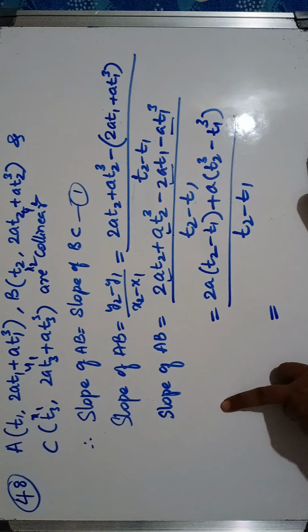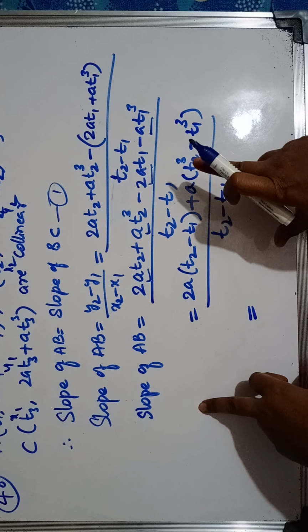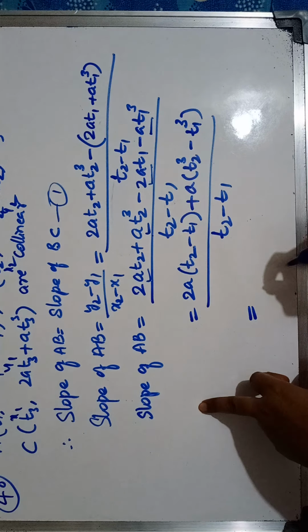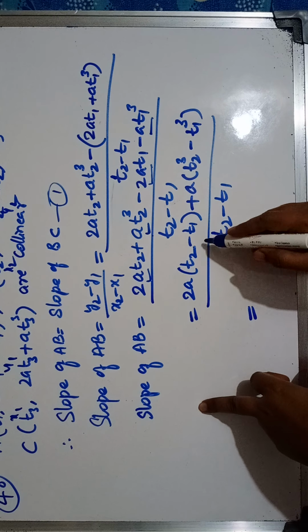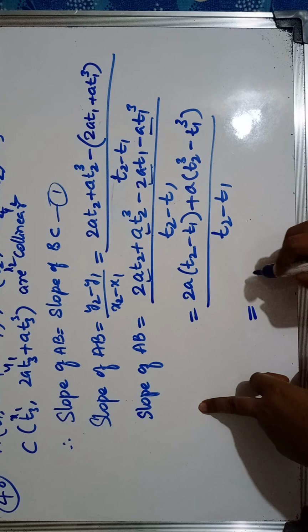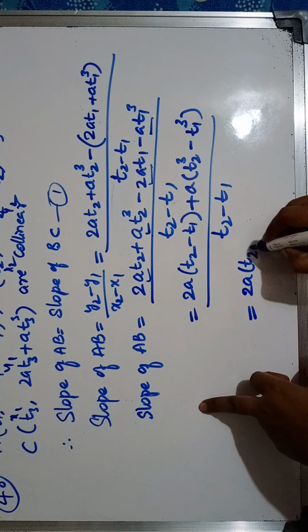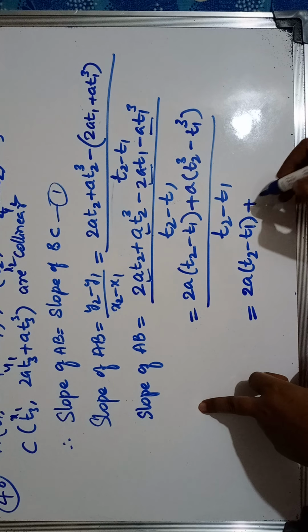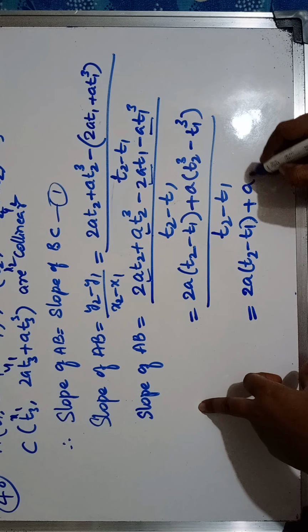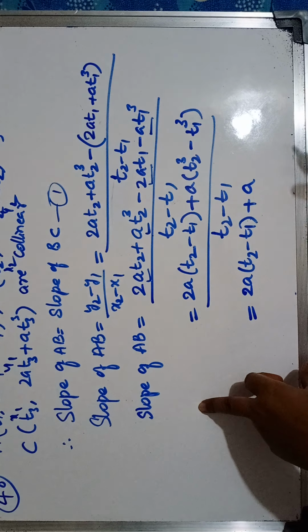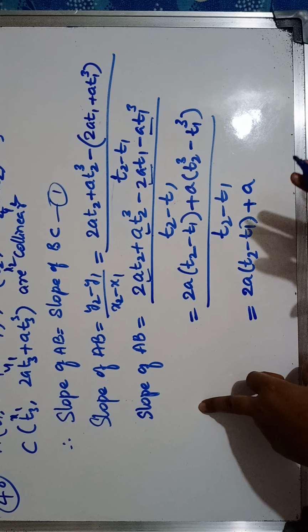Now we substitute the formula of a cube minus b cube, so that we can take out t2 minus t1 and cancel it from the numerator and denominator. So 2a into t2 minus t1 plus a into t2 cube minus t1 cube, which is in the form of a cube minus b cube.